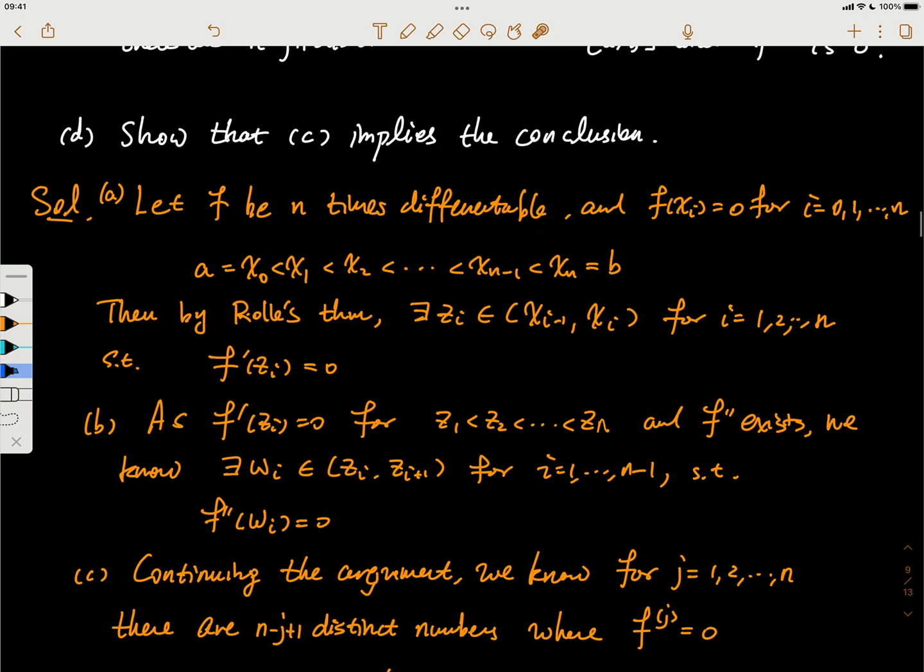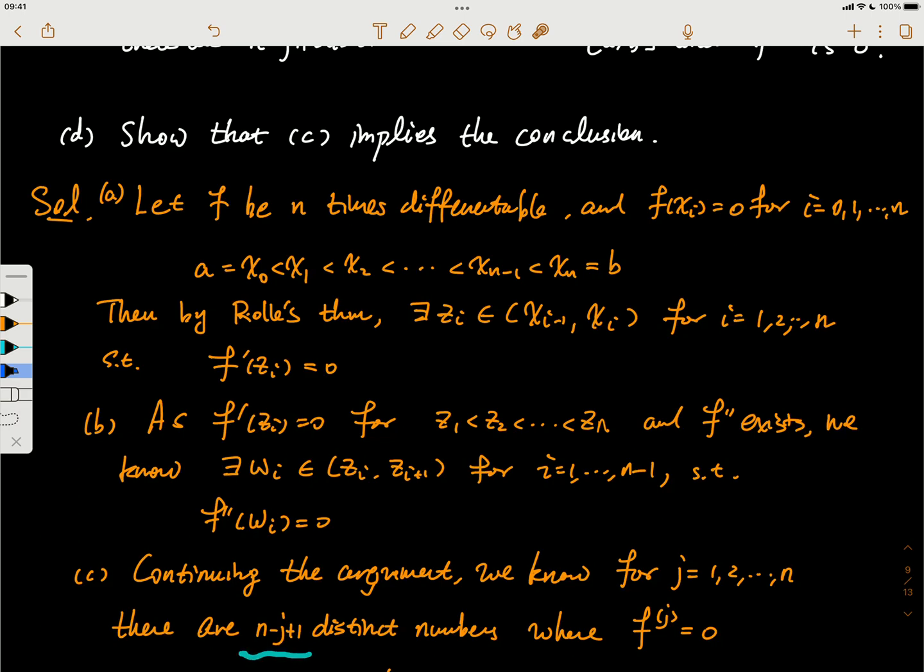Here j is the number of derivatives you're going to take. Every time you take a derivative, you're going to have one fewer point left. For j equals 1, that's the case we showed earlier: there will be n points left.